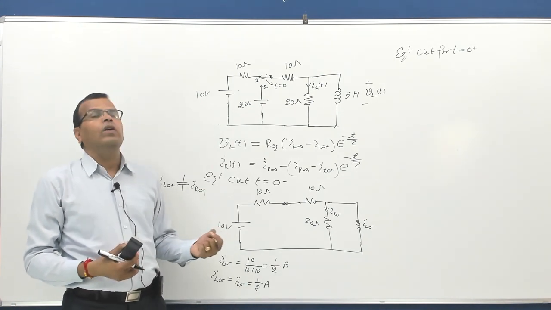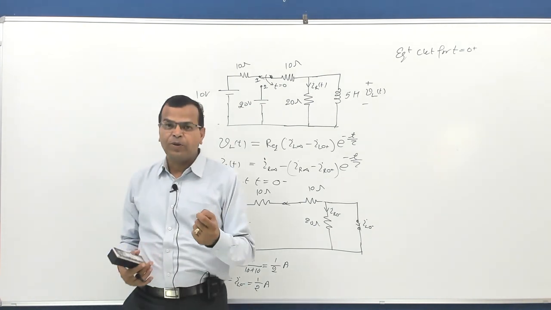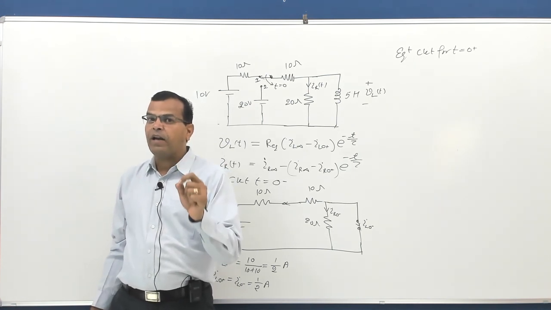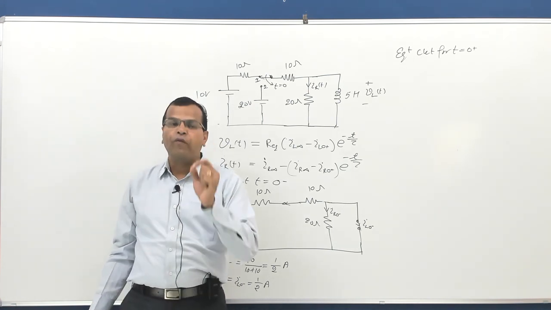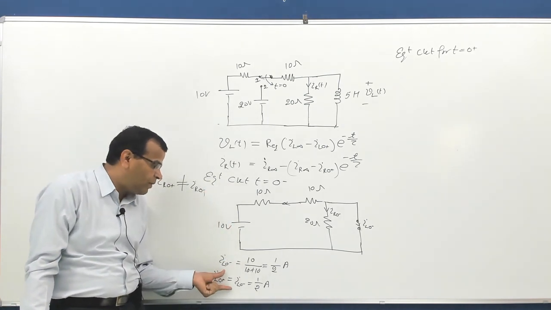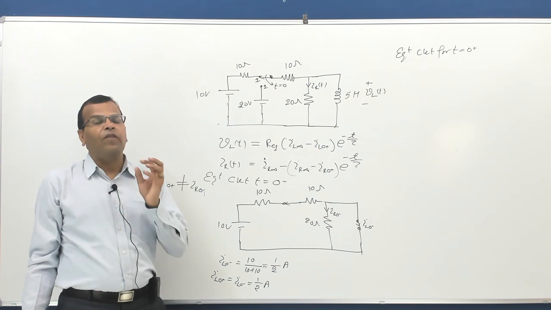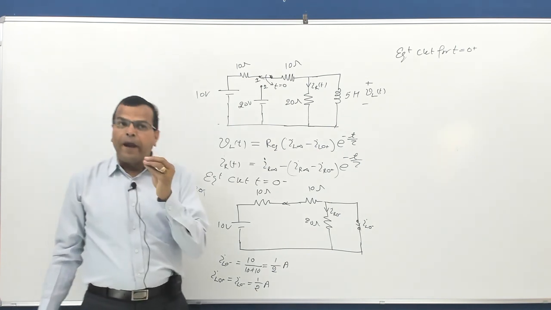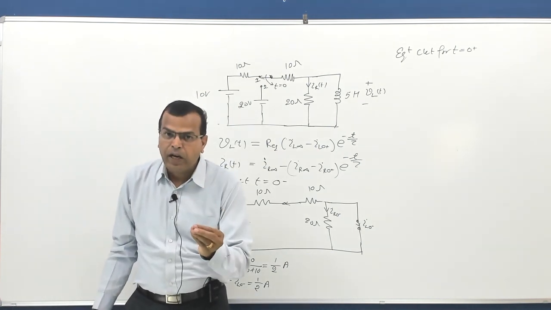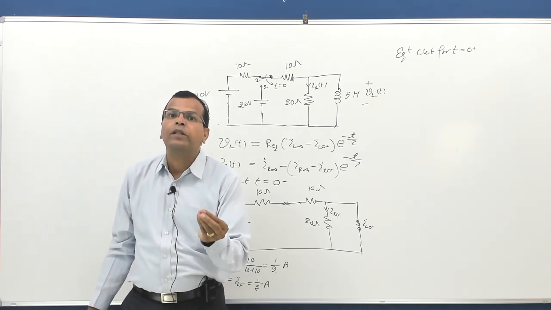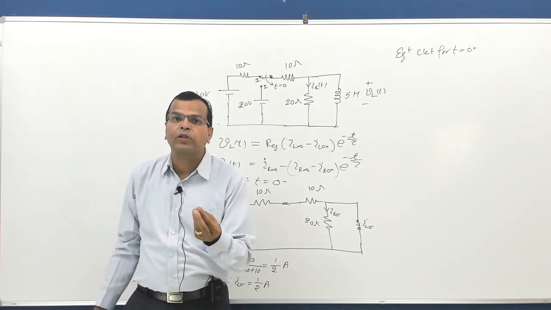So when you draw the circuit for t equal to 0 plus, the inductor is replaced by a current source of value equal to IL 0 plus, and that is just for t equal to 0 plus only. So for t equal to 0 plus, the inductor behaves like a current source of value equal to IL 0 minus or IL 0 plus.